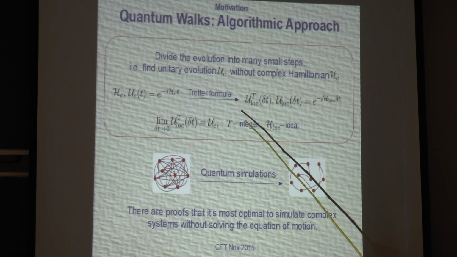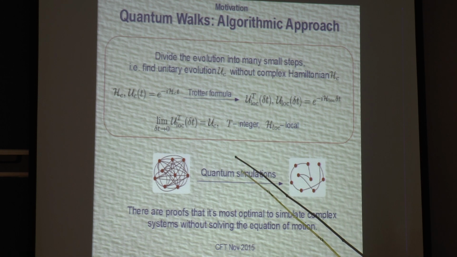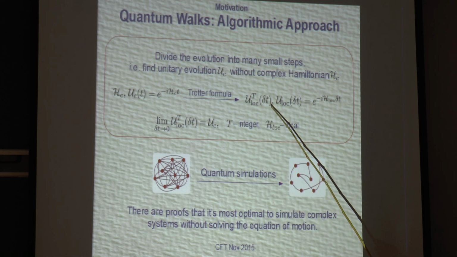This is mathematically justified by the so-called Trotter-Suzuki formula, which says that if the time step is sufficiently small and we iterate our procedure a sufficient number of times, we will restore our complex evolution very exactly.